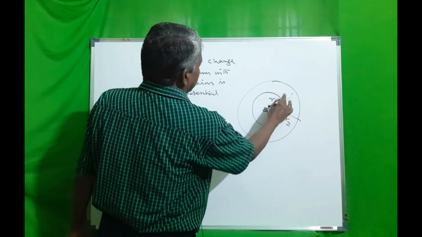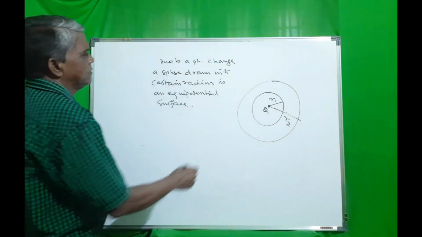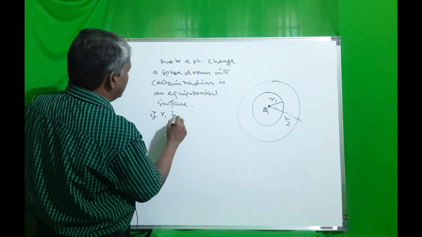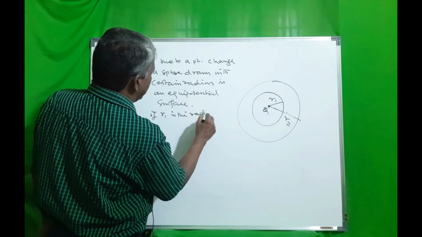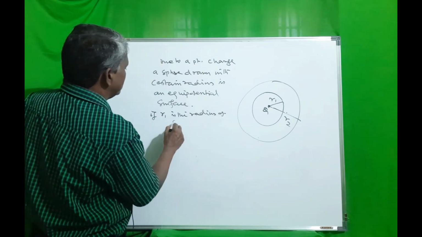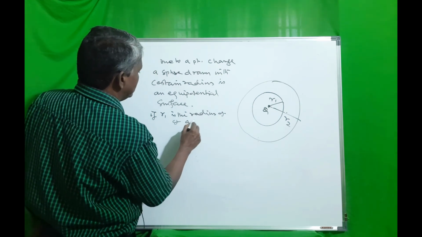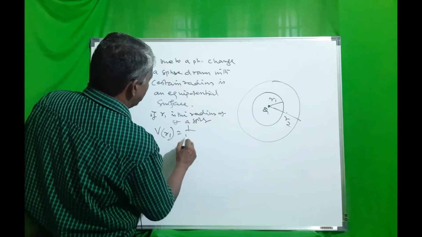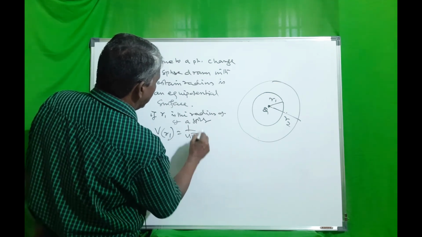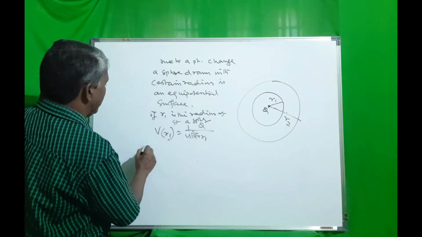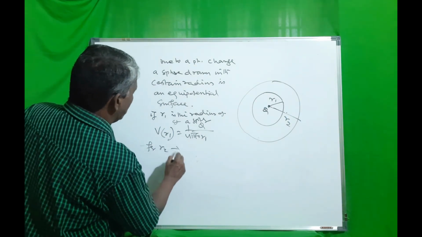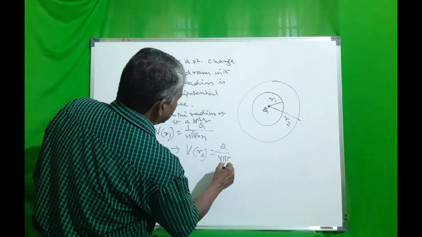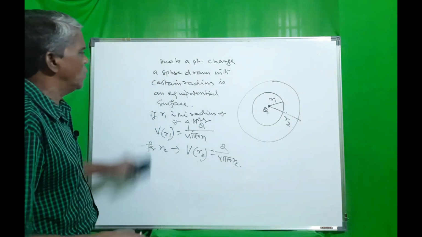Suppose at this point a distance r1, if r1 is the radius of a sphere, then V at r1 is 1 by 4 pi epsilon 0 times q by r1. Similarly, for r2, V at r2 is equal to q by 4 pi epsilon 0 r2, and so on.